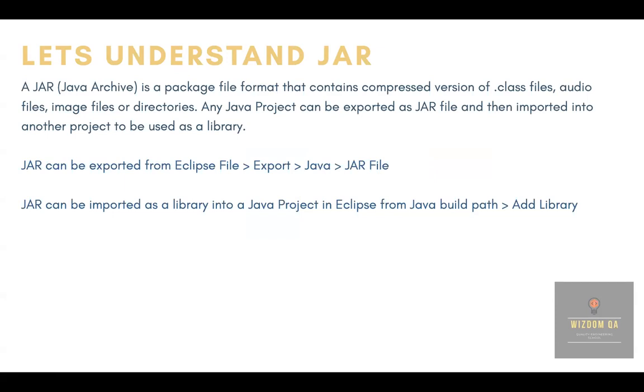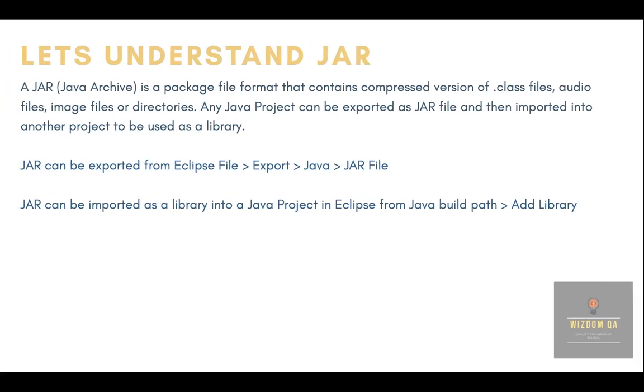Everything can be compressed together and you can create a .jar file out of it. Let me explain this very clearly. Any Java project can be exported as a jar file and then imported into another project as a library. I will do this right now in front of you, and you will understand what a jar file is. It's a very simple thing.